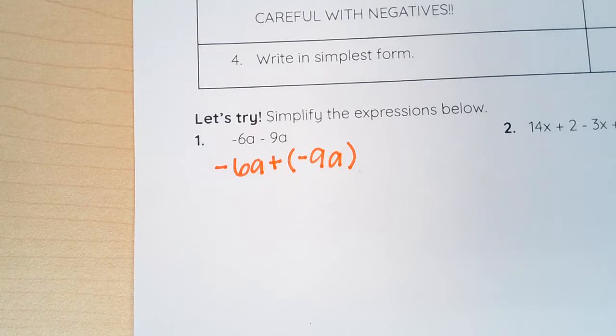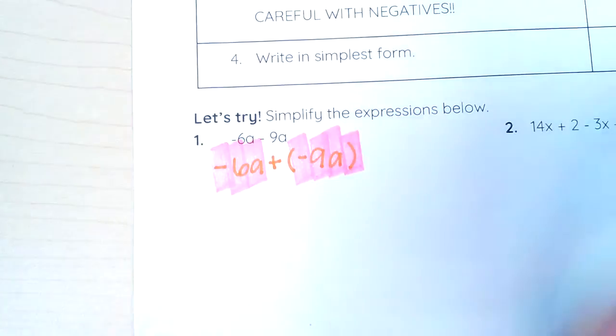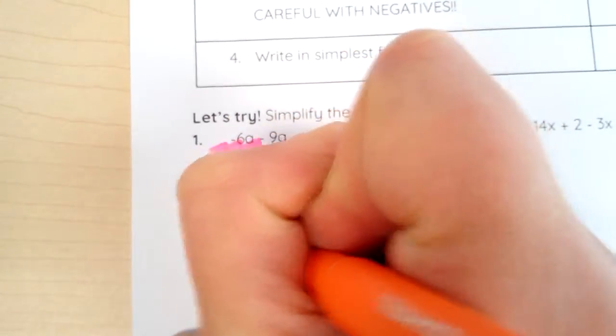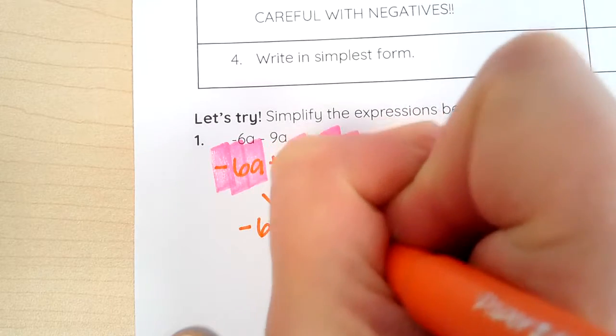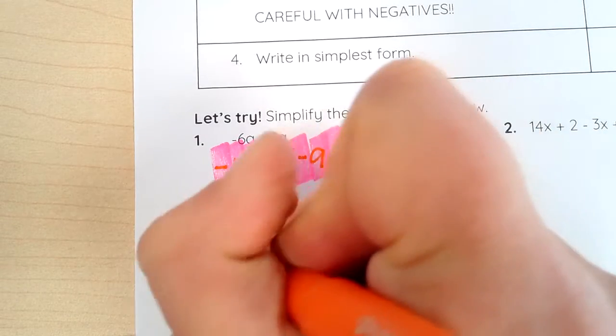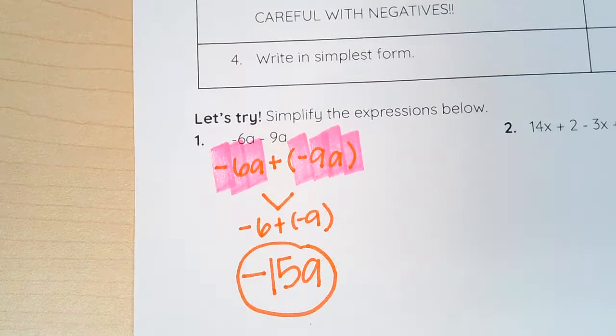Now, which terms can I combine here? Well, they both have the variable a, so I can combine -6 plus -9, getting me -15a. That is as simple as it can go.